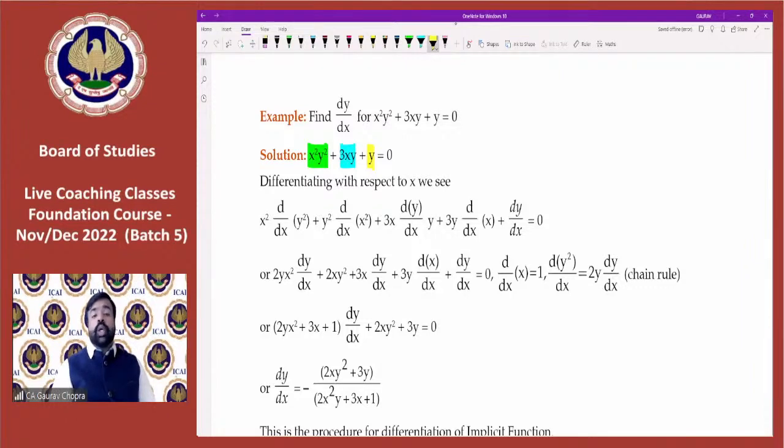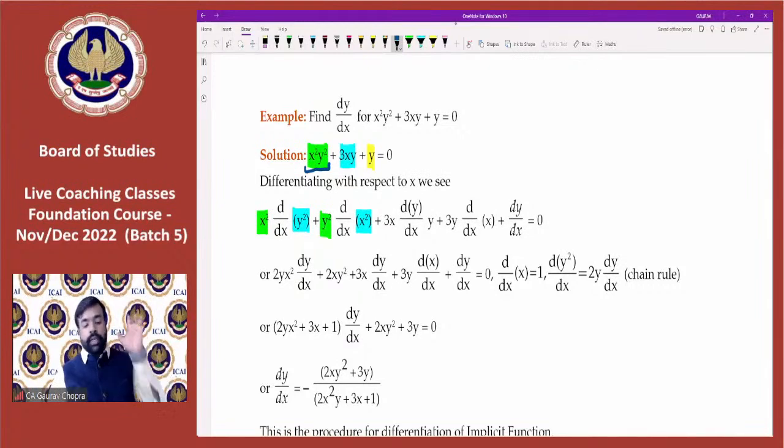So let us solve x square y square first. Whenever we are applying the product rule, first step is x square will remain as it is, and then we have to find the derivative of y square. Then second time, y square will remain as it is, and we have to find the derivative of x square.